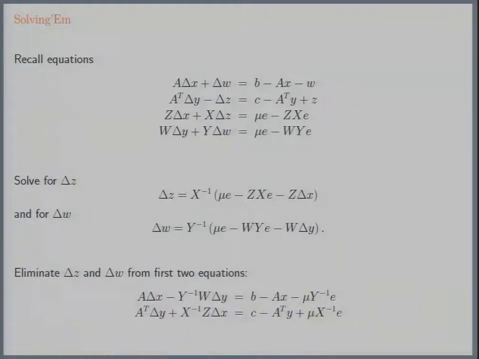Now we stick that into our equation for delta x, and we finally get for delta x a formula that's XZ inverse times sigma minus A transpose times delta y. Wait a minute, I haven't solved for delta y yet.